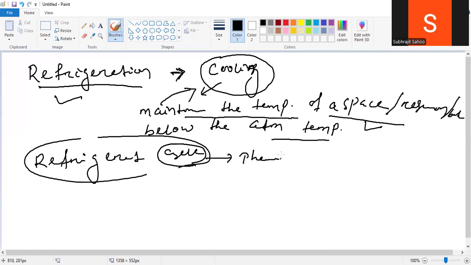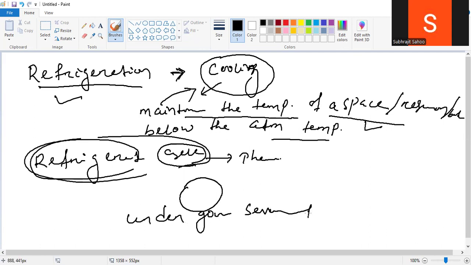A cycle is nothing but the initial point and final point are the same. Here the meaning is very clear: this refrigeration or cooling effect is achieved by undergoing several processes.